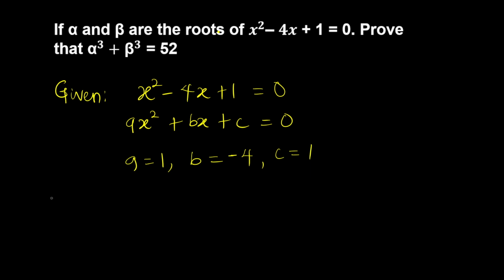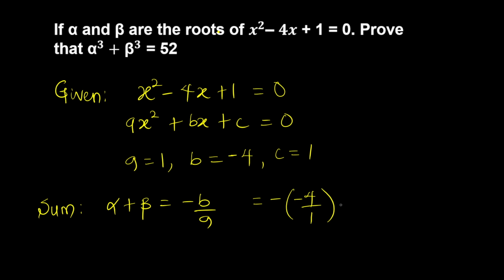Recall our sum of roots, which is the same thing as x1 plus x2, but in this case we are given that our roots are alpha and beta, which is alpha plus beta in this case will be equal to minus b over a, and this is going to yield negative, our b is -4 over 1. Whenever we are multiplying two signs that are the same, it's going to be positive. So minus times minus is positive, and this is going to yield 4.